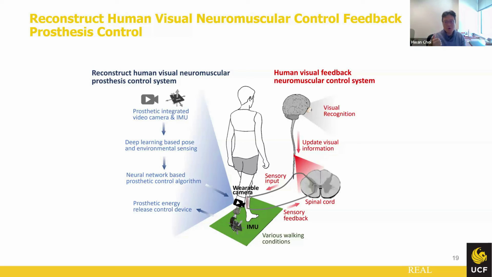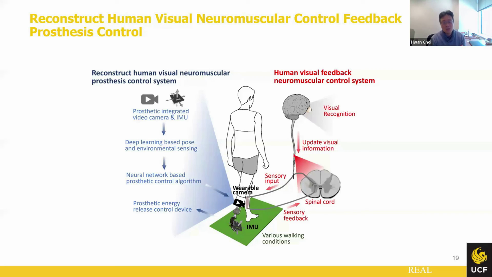Once the spinal cord is engaged to the new walking conditions, it gives an immediate response to the muscle, so that we can walk with very natural movement, even in very different walking conditions. But unfortunately, prosthesis users have a disconnect between the neural control and the prosthetic control. So their motion is often very awkward when they have different walking conditions.